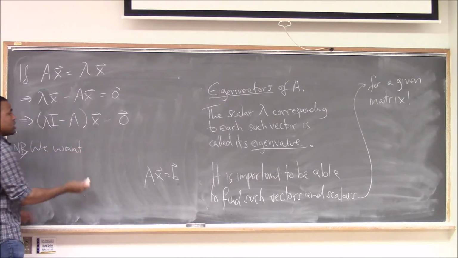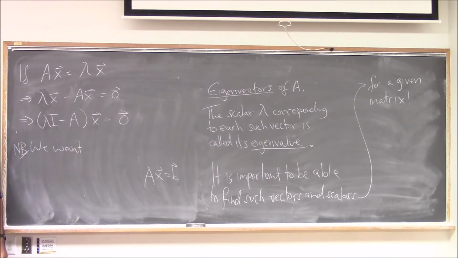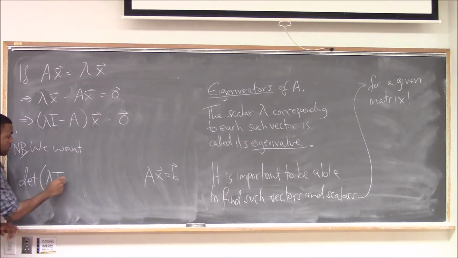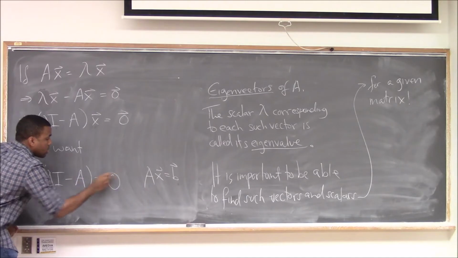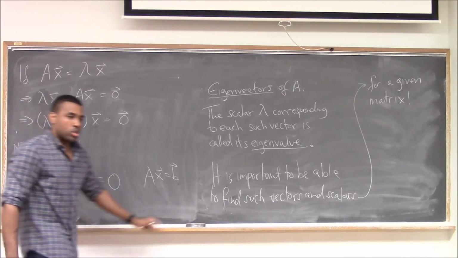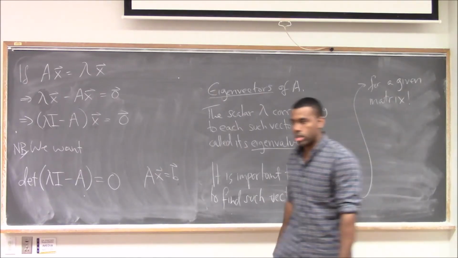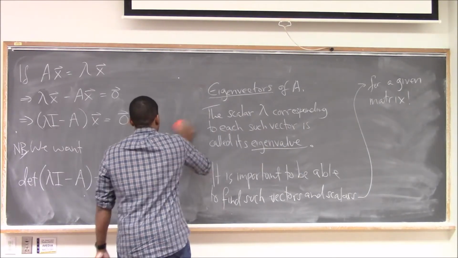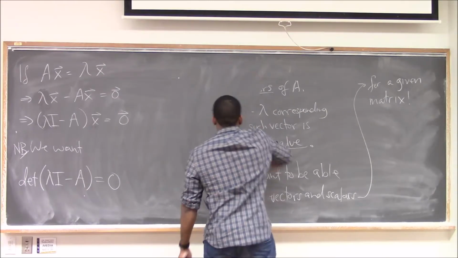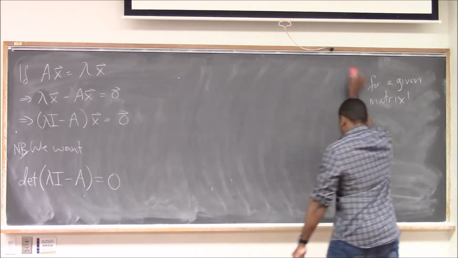We want the determinant of the coefficient matrix to be 0, because that forces us into a situation where we do not have a unique solution. So 0 is not going to be our only solution in general. And as long as that system is solvable, we can find our eigenvalues and eigenvectors.